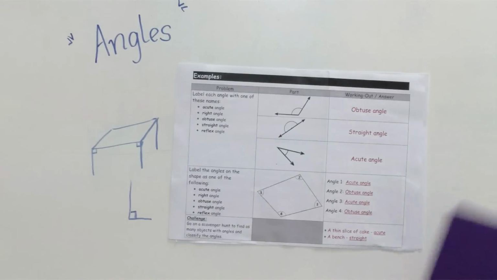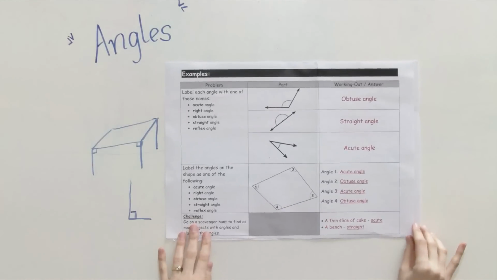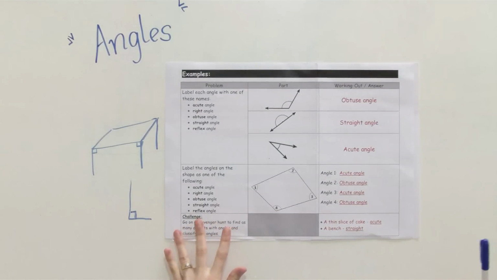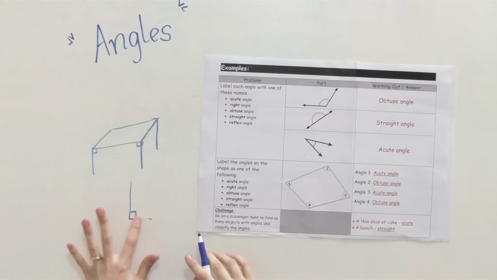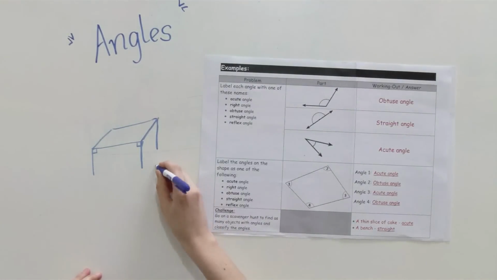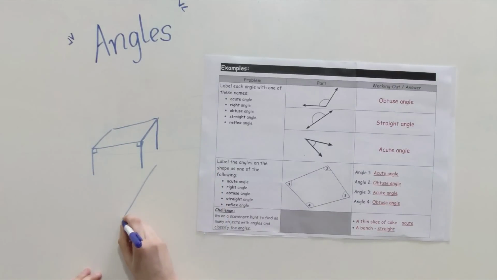And then we have just another question here. This is a challenge. Go on a scavenger hunt to find as many objects with angles and classify the angles. This is one of my favourites, a thin slice of cake. It's often an acute angle because it is smaller than a right angle. I try and make sure my cake slices aren't too big, otherwise I feel a little bit sick.